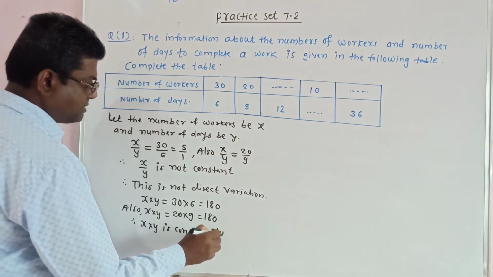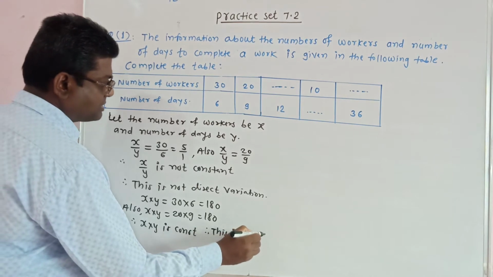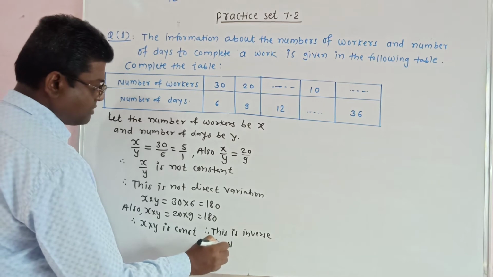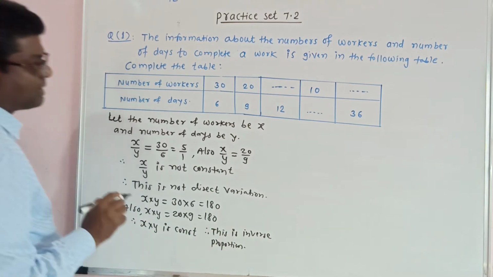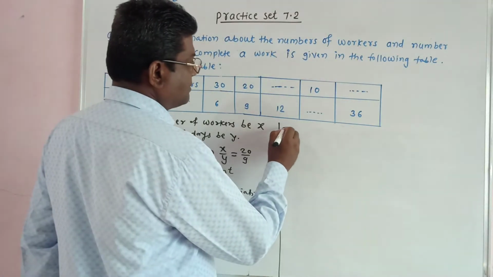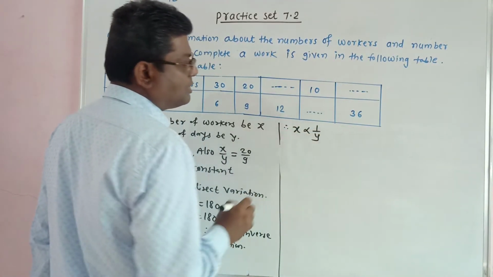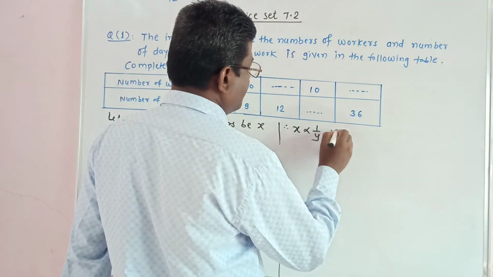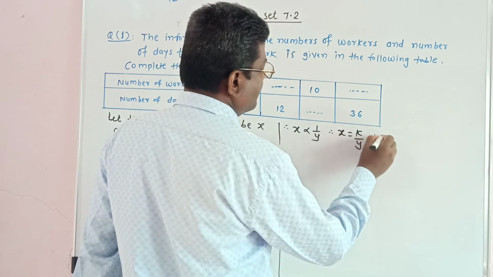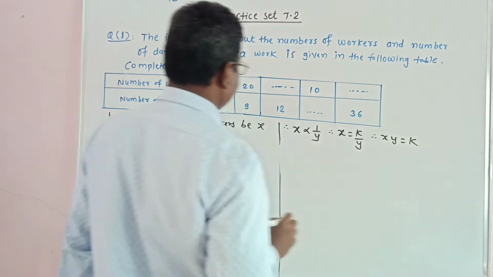Therefore, this is inverse proportion. Therefore, x is inversely proportional to y. Therefore, x is equal to k upon y. Therefore, xy is equal to k.